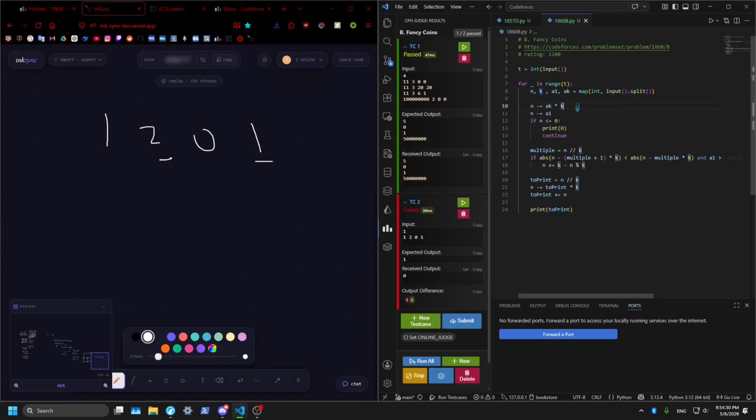We can only use as much until it becomes negative for the first case.